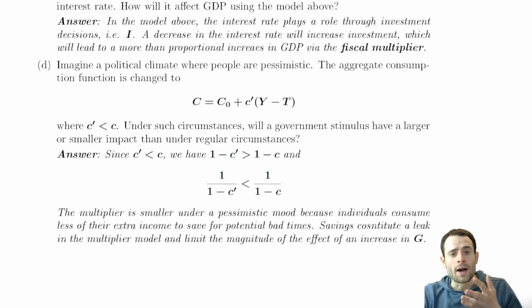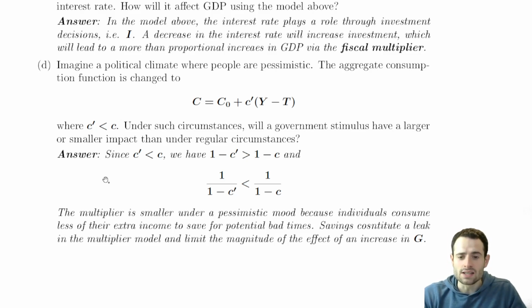Well, let's go back to the fiscal multiplier again. Since C prime is lower than C, then 1 minus C prime is bigger than 1 minus C. And when you take the inverse to get the value of the fiscal multiplier, you will get that 1 over 1 minus C prime is lower than 1 over 1 minus C. C prime is smaller here, so the bottom is larger, so the whole fraction is smaller.